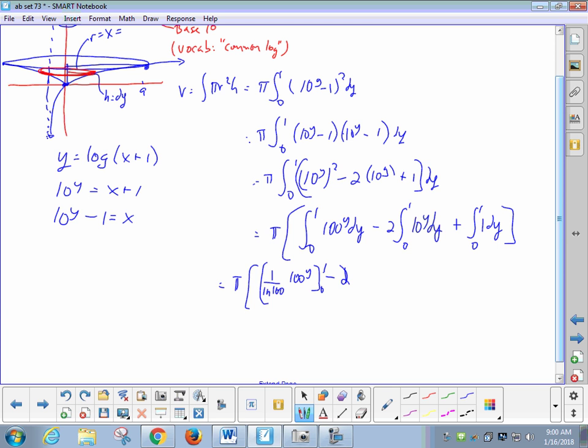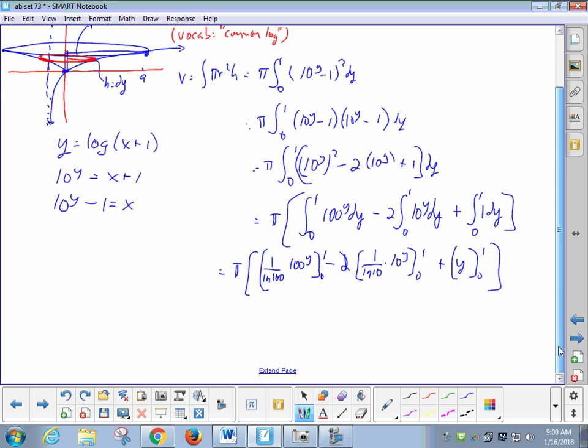Minus 2 times, what's the antiderivative of 10 to the y? 1 over natural log of 10 times 10 to the y from 0 to 1, plus y from 0 to 1. We should have braces, but that's okay. So here we go.